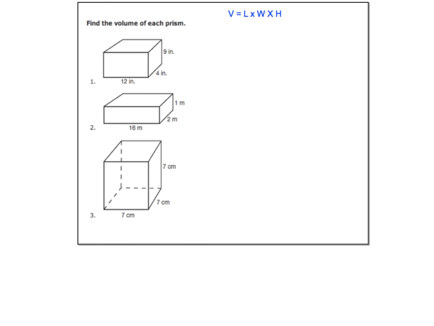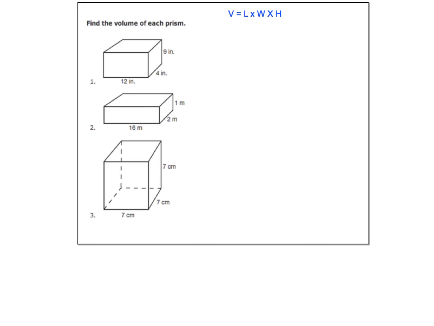All right, so let's take a look at a couple of these practice problems. So like I said, solving for the volume, that inside space, is actually quite a bit easier than surface area because you only have to really do one calculation. You're just multiplying 3 numbers times each other. So the equation is volume equals length times width times height.